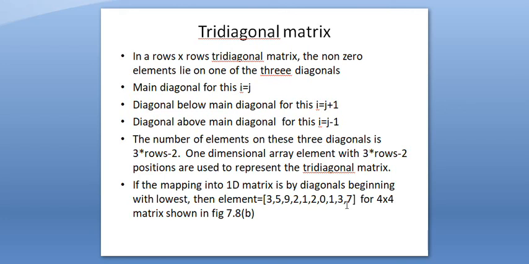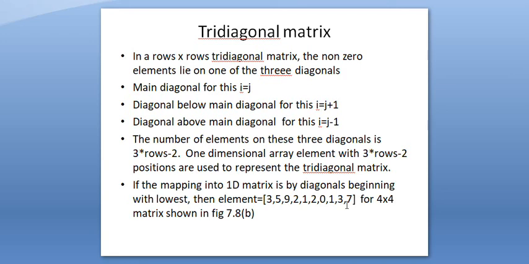The first row elements are 2 1 0 0, the second row 3 1 3 0, the third row 0 5 2 7, and the last row 0 0 9 0. So 16 elements. Now how will this matrix be moved onto the one-dimensional array? The mapping is based on numbering by lowest diagonal.